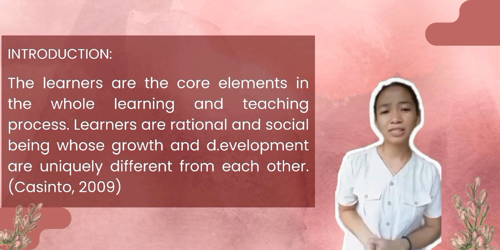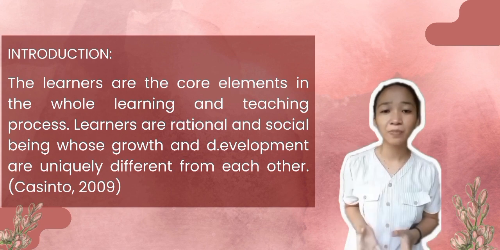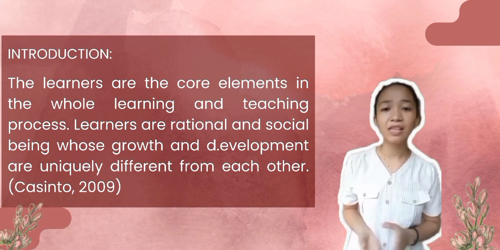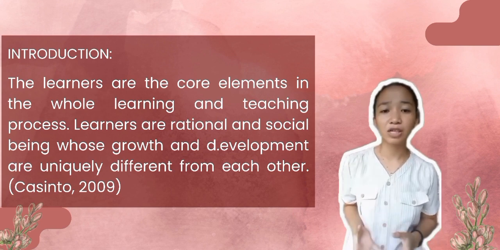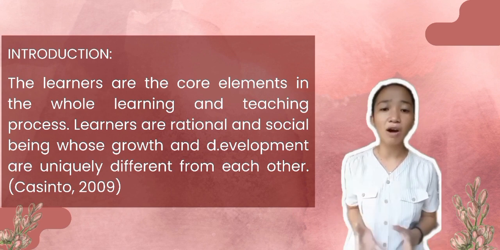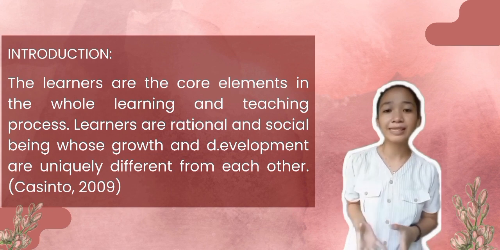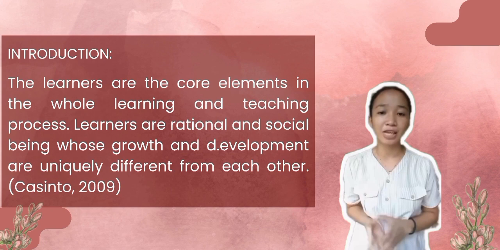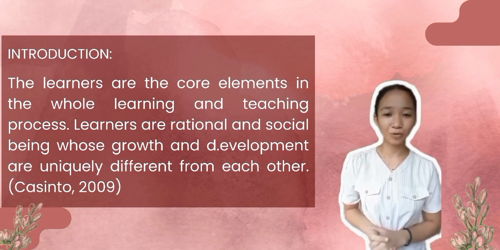This is because every student is unique and has their own strategies, strengths, and weaknesses. It shows the importance of students in the learning process and how students differ in how they learn and grow. It emphasizes that teachers need to understand and support each student's individual needs to help them succeed in school.